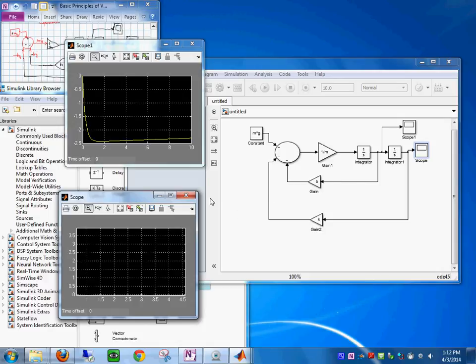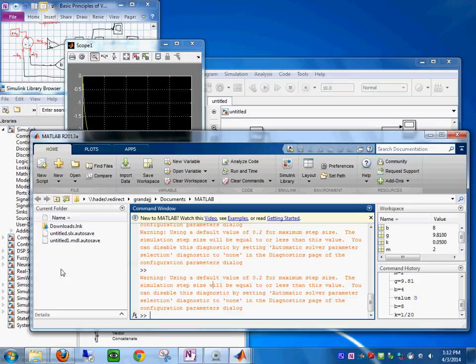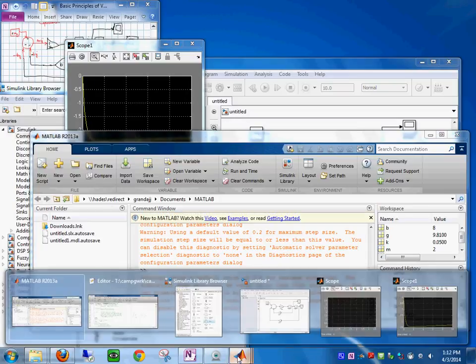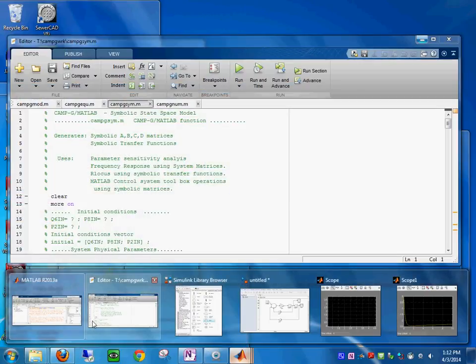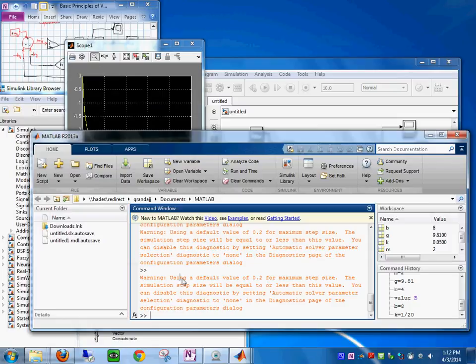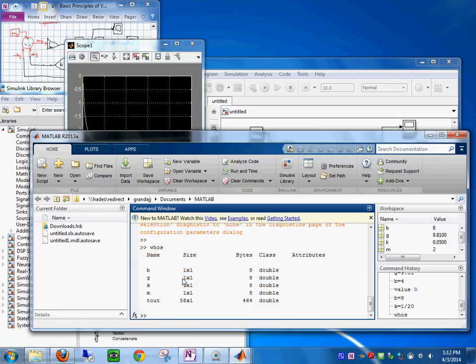Okay, so this is our output in here. I think we have a bit of a difficulty with the values. So we need to check this out. This is what we need.